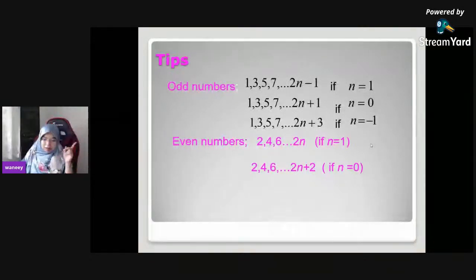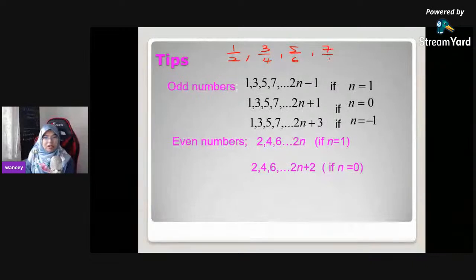Sebab dia bahagian nombor dia kan macam apa? 1/2, 3/4, 5/6, 7/8, right? So if you look at your numerator, so this is your numerator. Numerator is the odd number. For our denominator is the even number.